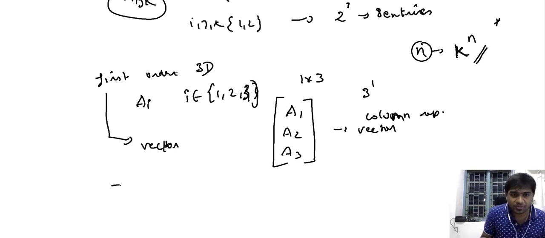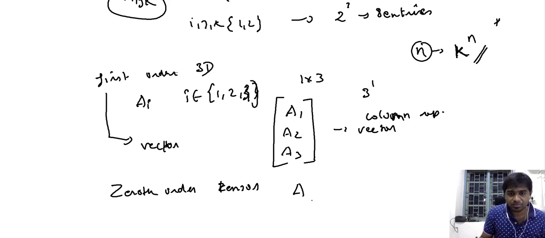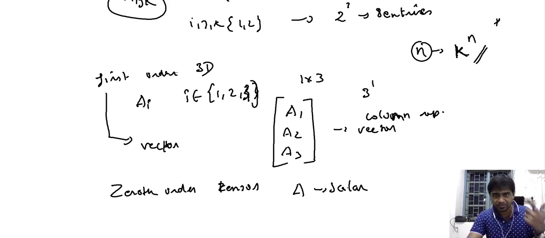In the same way, when you consider a 0th order tensor, what you have is a tensor that is not dependent on any index, so it is a scalar. So a 0th order tensor is a scalar, first order tensor is a vector, and all the other orders are higher order tensors. So everything can be represented in the form of a tensor.